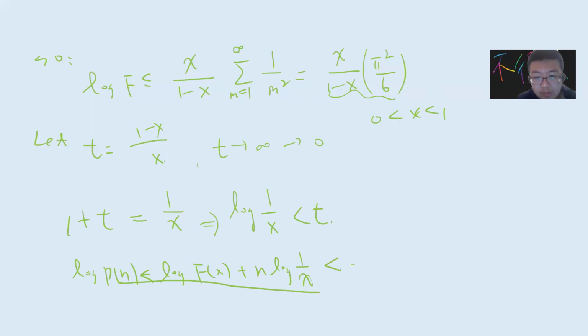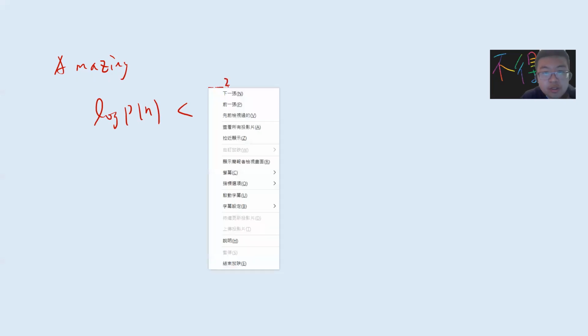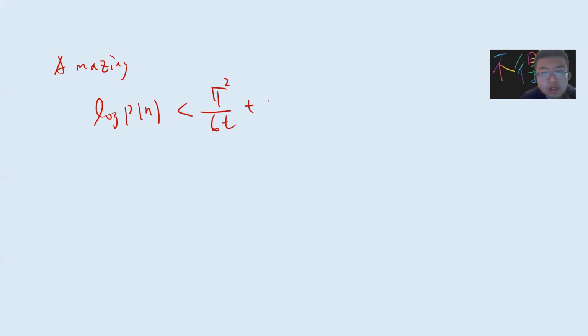Now this is less than pi squared divided by 6t plus nt, because 1 plus t is 1 over x, so this term is less than nt, and the log f by our computation is pi squared divided by 6t. So we get log p(n) less than or equal to pi squared divided by 6t plus nt.